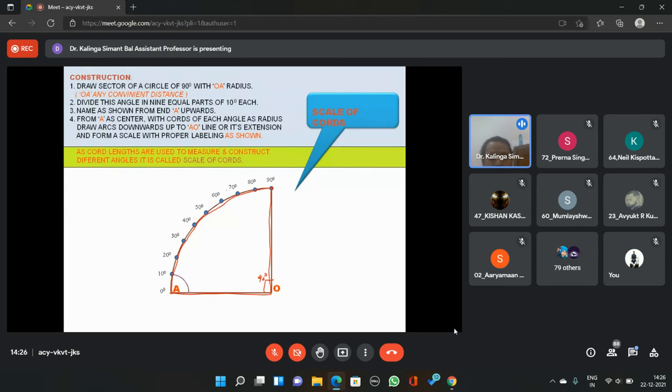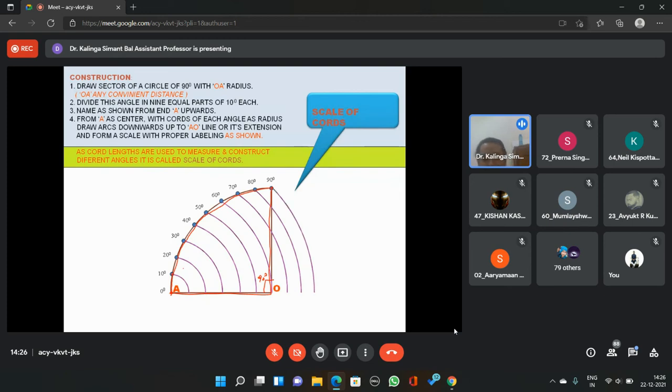Now we take the compass, take A as center, and this distance as the radius, and draw an arc. Similarly, from this point we draw an arc, again from 30, 40, 50, 60, 70, 80, and 90.